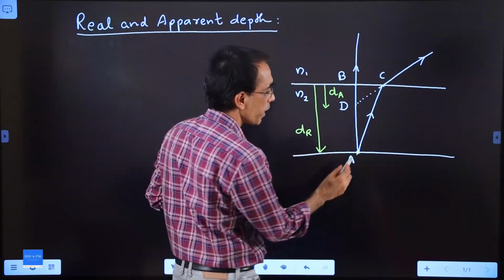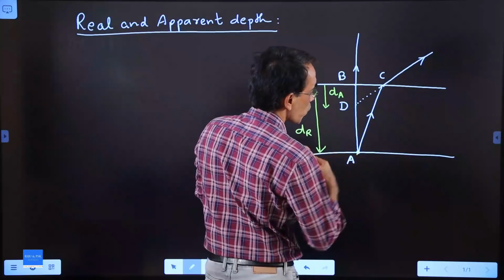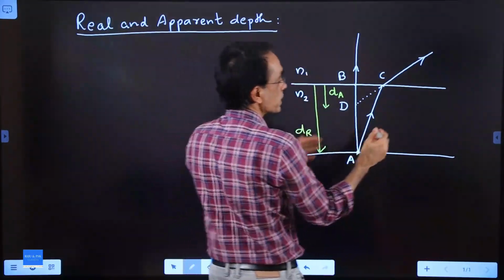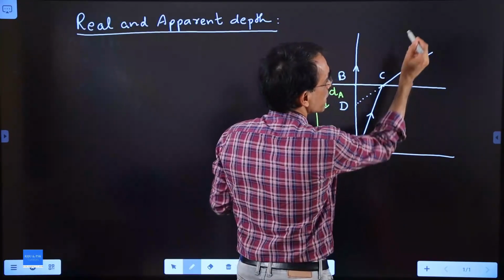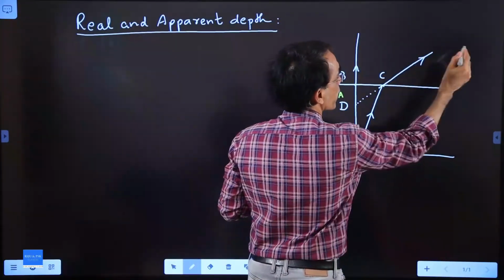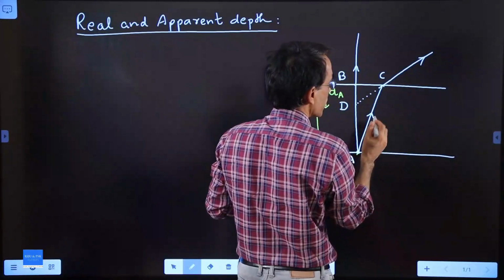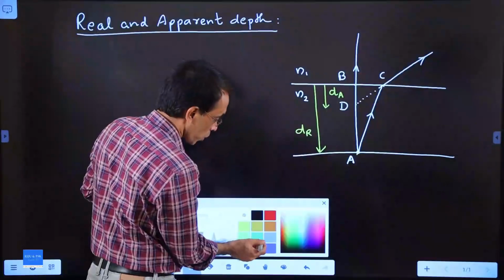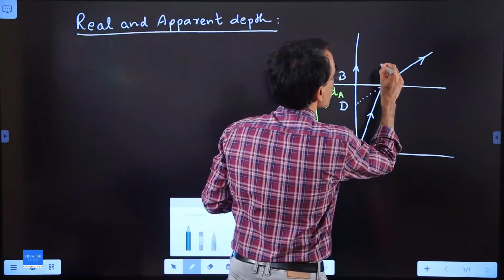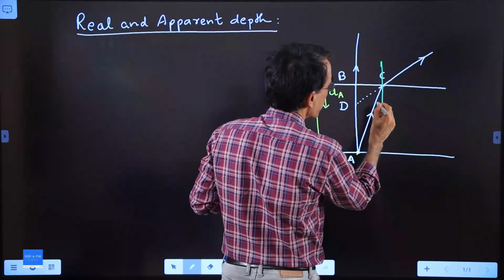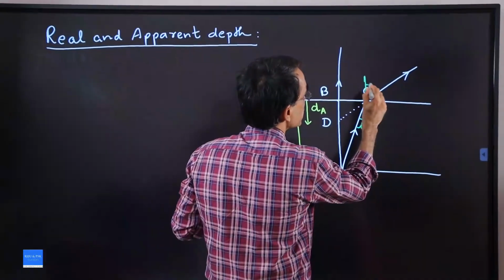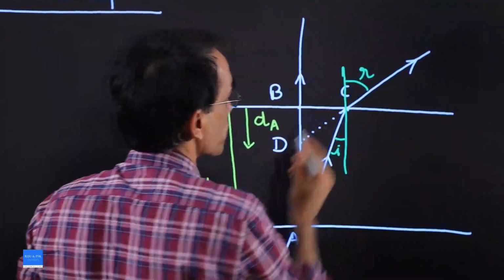But what happens if another light ray comes obliquely here? This is water and that is air. So this is a denser medium, that's a rarer medium, light will bend away. And here you can draw a normal, and we see that this is angle of incidence and this is angle of refraction.